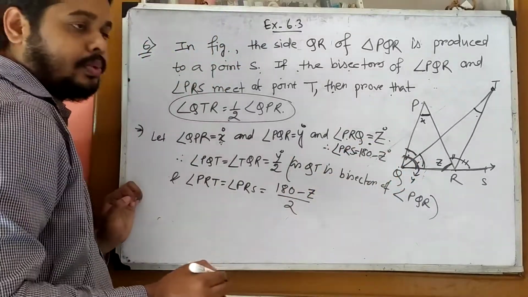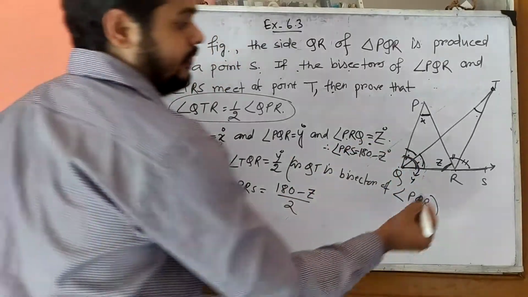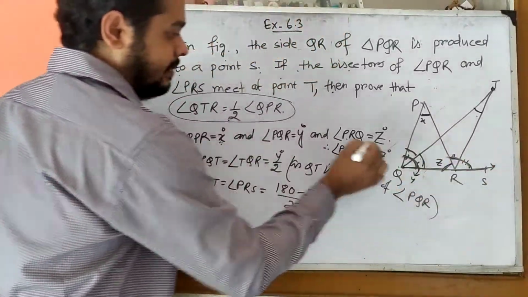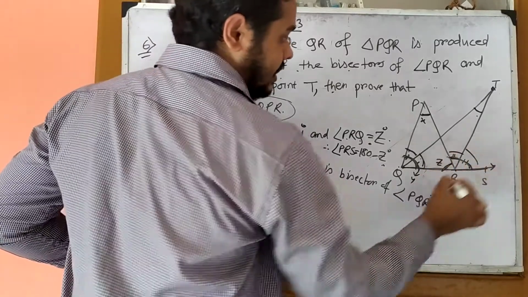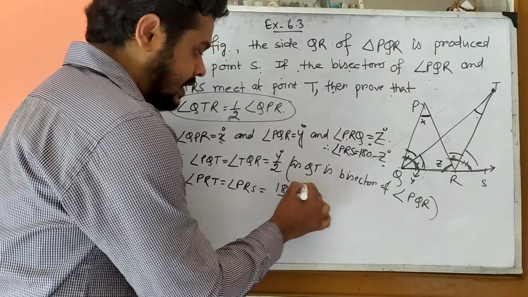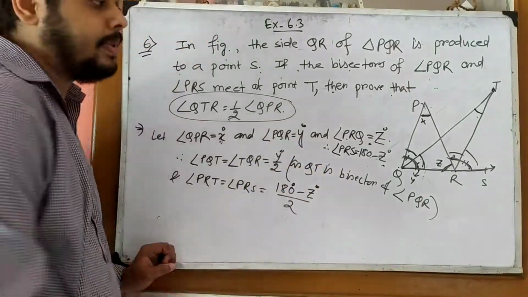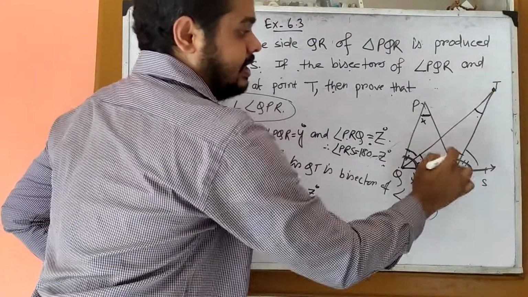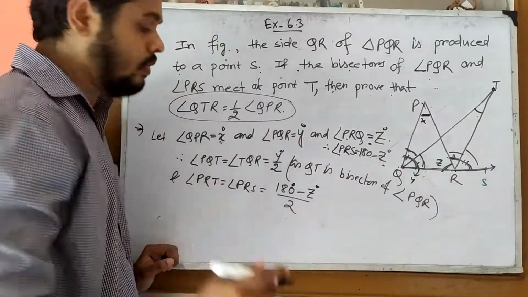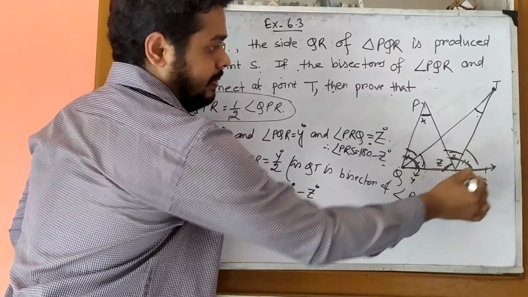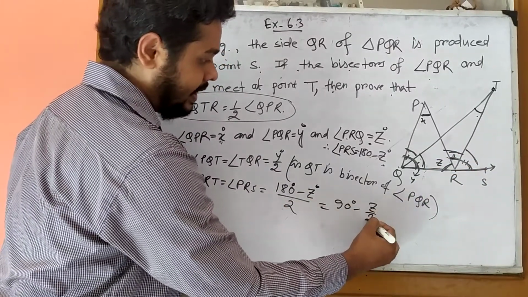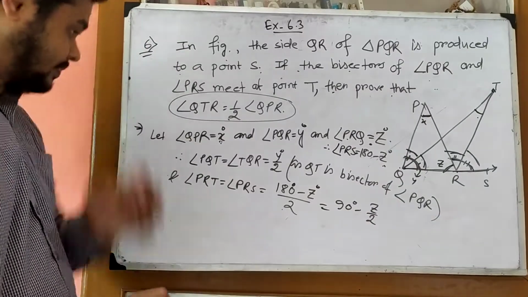Is it clear to you? Therefore each part will be (180 degree minus z) by 2, because RT is the bisector, so it will divide angle PRS into two equal halves. So each part will be (180 minus z) by 2, that is 90 degree minus z by 2. Okay.